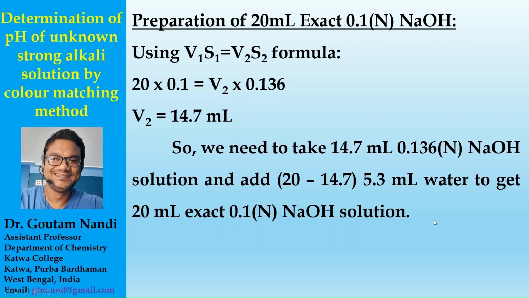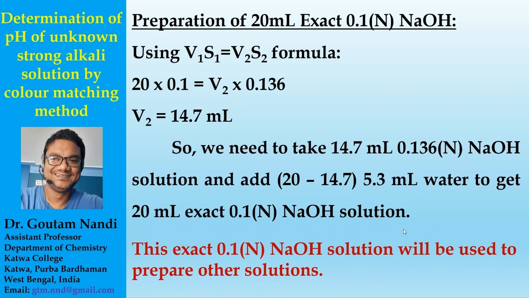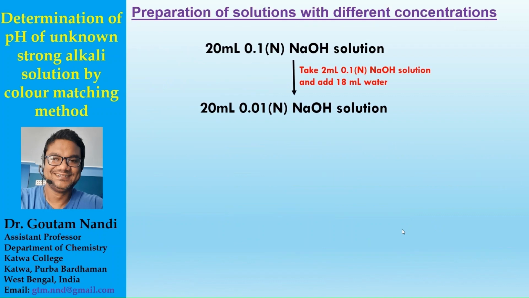Okay, now we will use this sodium hydroxide solution of exact strength 0.1 normal to prepare the other solutions. How? Let us see. We will take 2 milliliter of 0.1 normal sodium hydroxide solution and we will add 18 milliliter of water, meaning the total volume will be 20 milliliter.